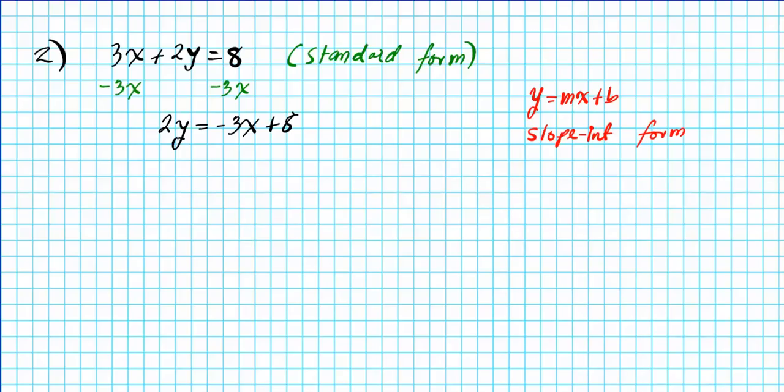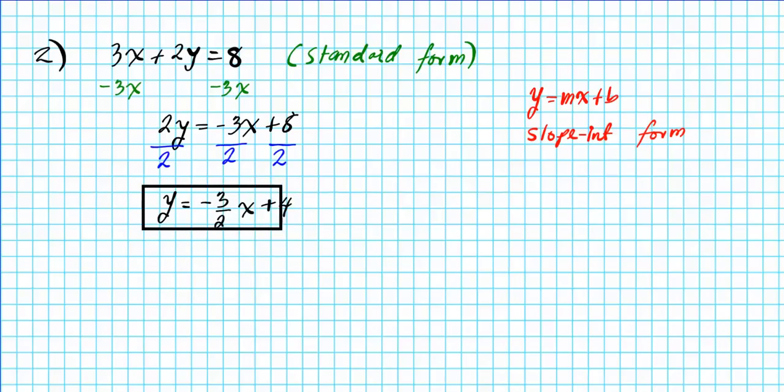And then to get y fully isolated, divide every single term by 2. All right, so that yields y equals negative 3 over 2 x plus 4. Okay, so that is the slope-intercept form of the equation of a line with the standard form.